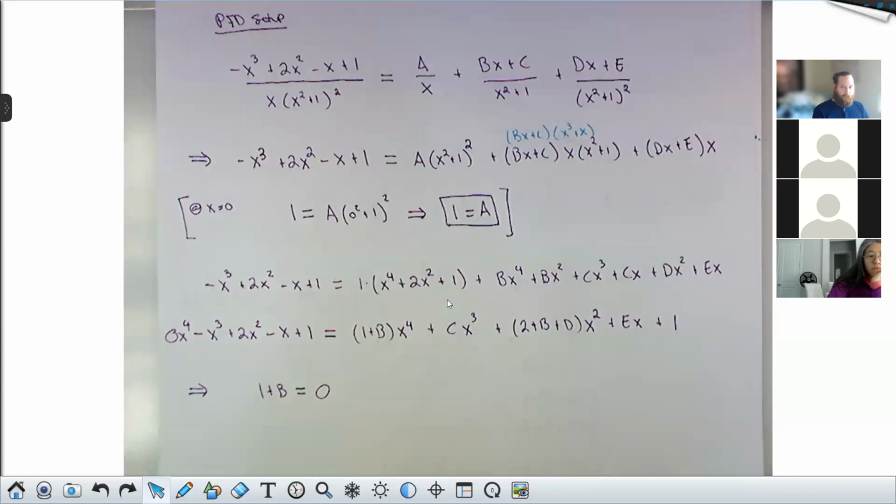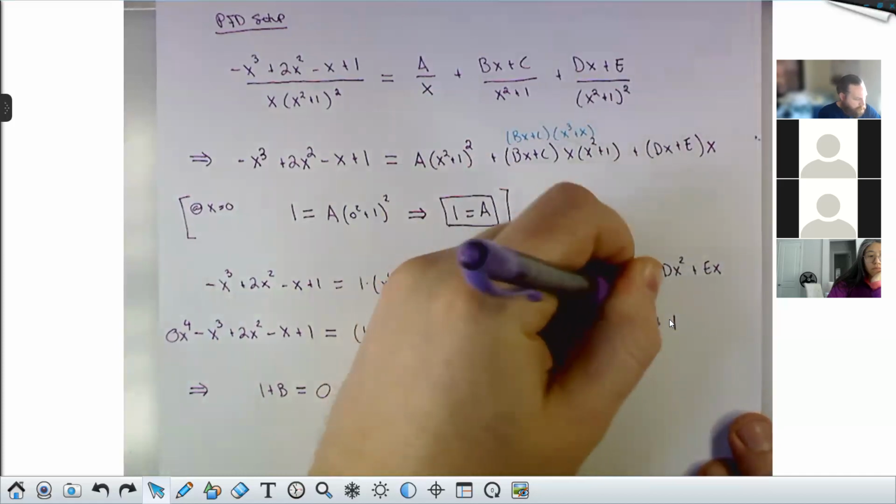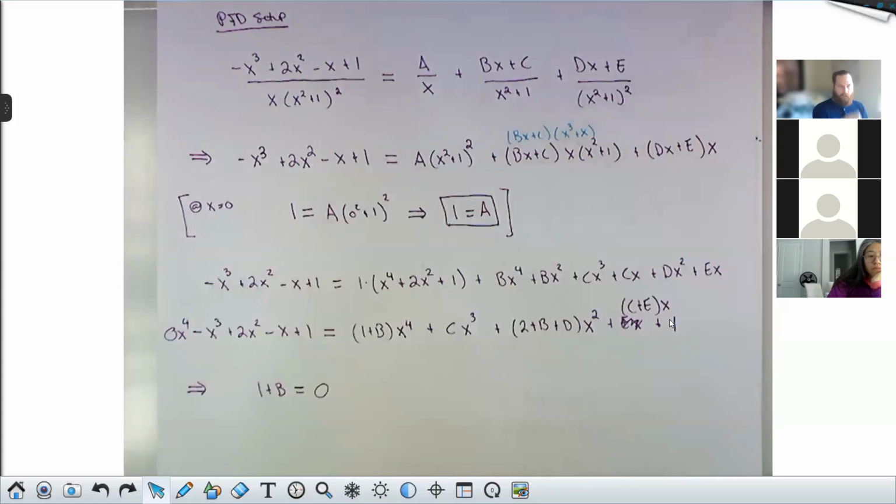The coefficient of x cubed on the left is just c. The coefficient of x cubed on the... Did I leave a cx term out somewhere? Oh, yeah. Thank you. Cx and ex, sorry. So this should be c plus e times x. Thank you. Save me there, Misty. Yeah, cx plus ex.